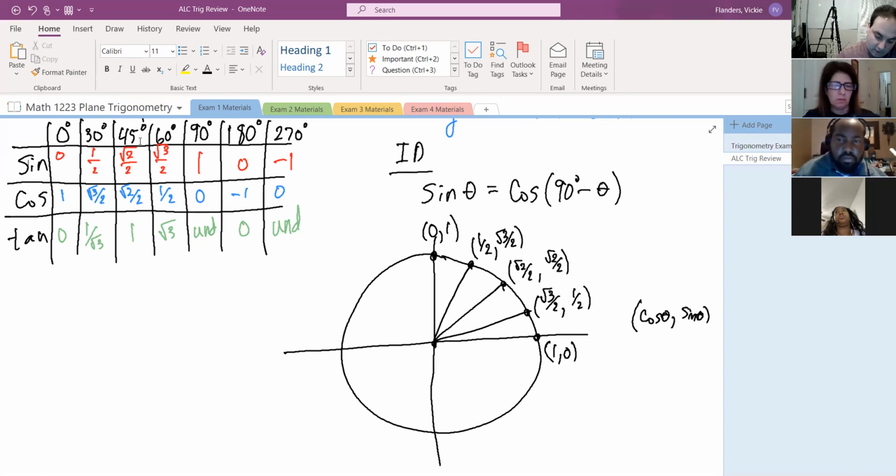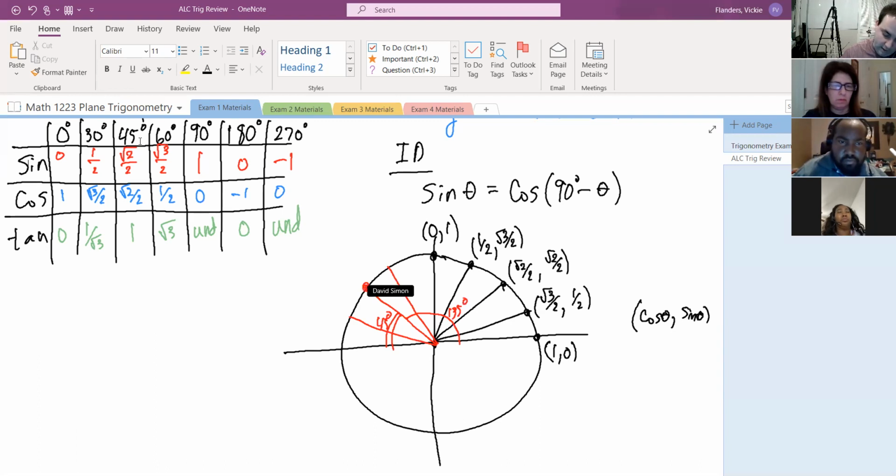Okay, but then I can also continue into the subsequent quadrants using reference angles. So for example, if I take this angle right here, right? If I say that the angle here is 45 degrees, then the other angle here is 135 degrees.